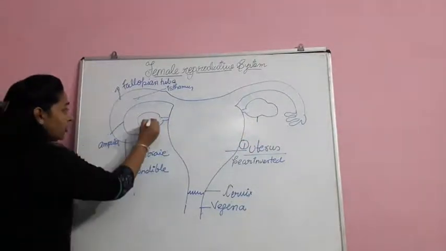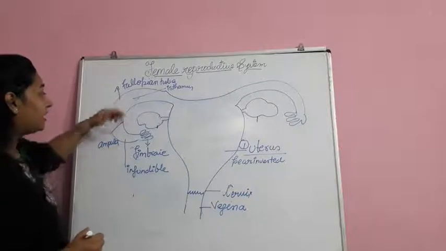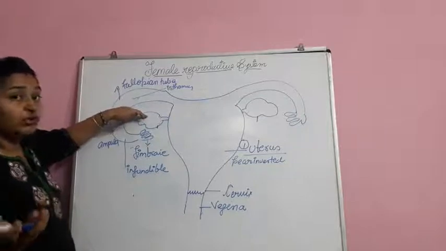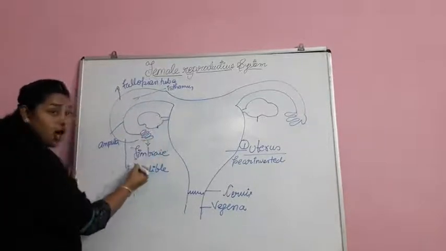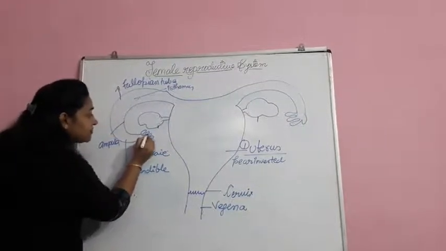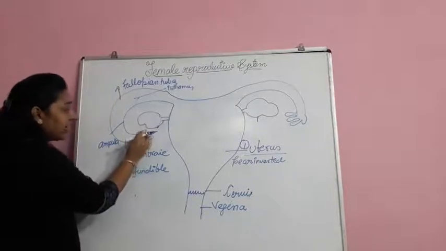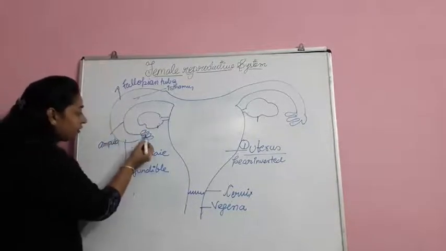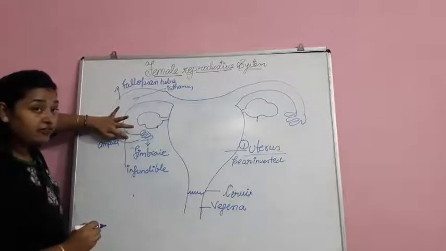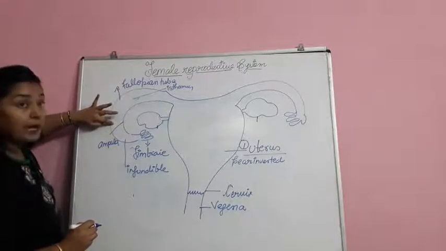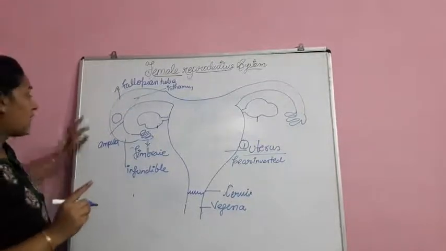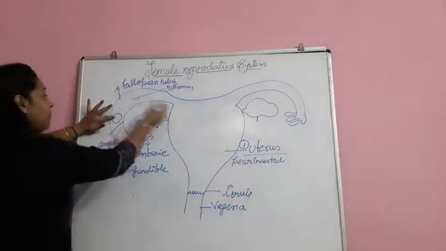So what happens when the ovary develops the egg cell, and around the 14th day of the menstrual cycle, the egg comes out of your follicle? Then this fimbriae, which is present over here, receives the egg from the ovary, and through the fimbriae the egg comes into the infundibulum, then reaches the ampulla and stays here for 1 day, for 24 hours, and waits for the sperm cell to come and fuse.